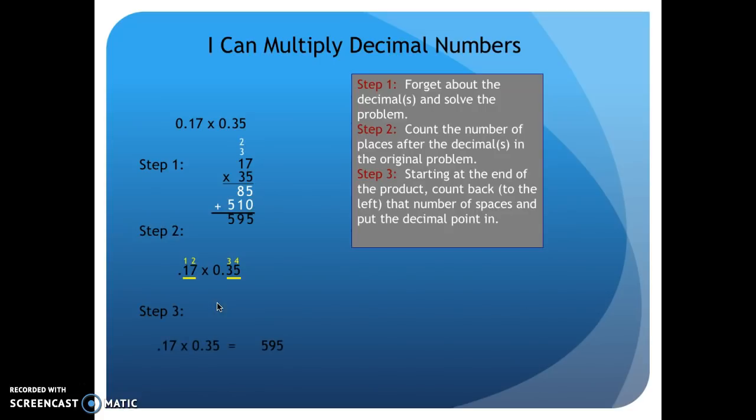In my answer of 595, I need to start at the end and count back 4 places. 1, 2, 3, 4. Okay, so I have an empty spot there. I need to absolutely fill that in with a 0. And now my answer looks like that.